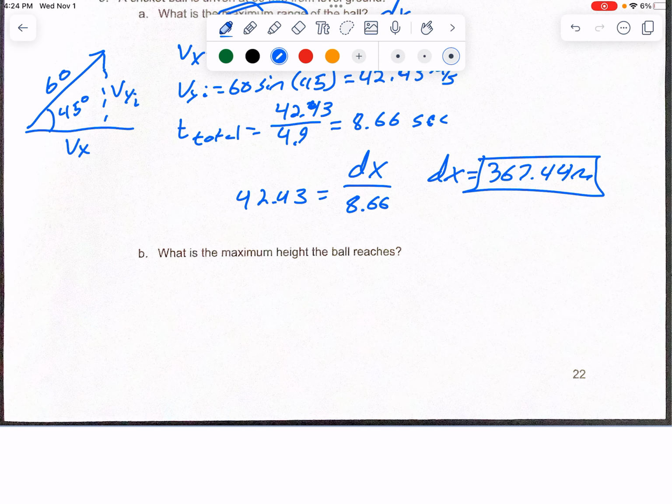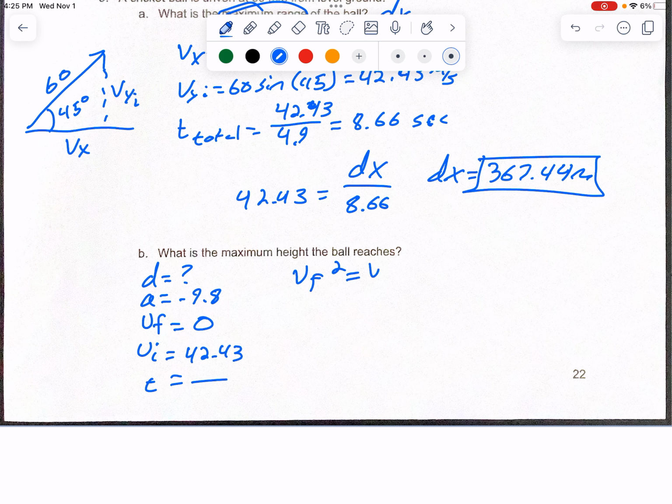Last one. What is the maximum height? That means we're looking for vertical. So we're going to set up Daffy T again. Distance is the question mark, a is negative 9.8, Vf is 0 because you've got to stop at the top. Remember, I use Vyi, so 42.43, and I'm going to leave off time. That gives you Vf squared equals Vi squared plus 2ad. So 0 equals 42.43 squared plus 2 times negative 9.8 times d.